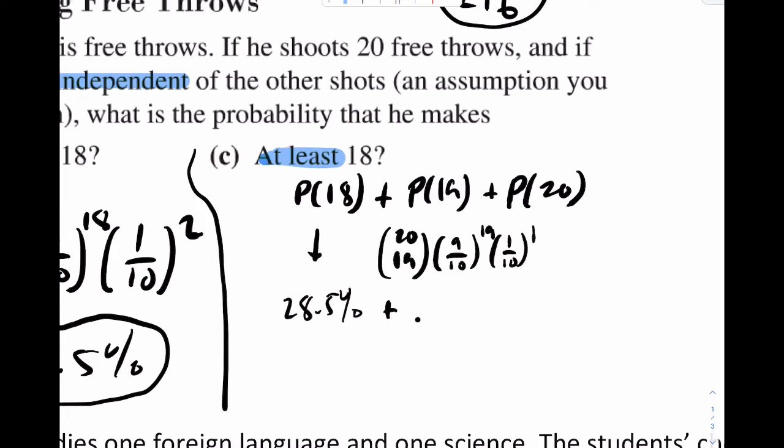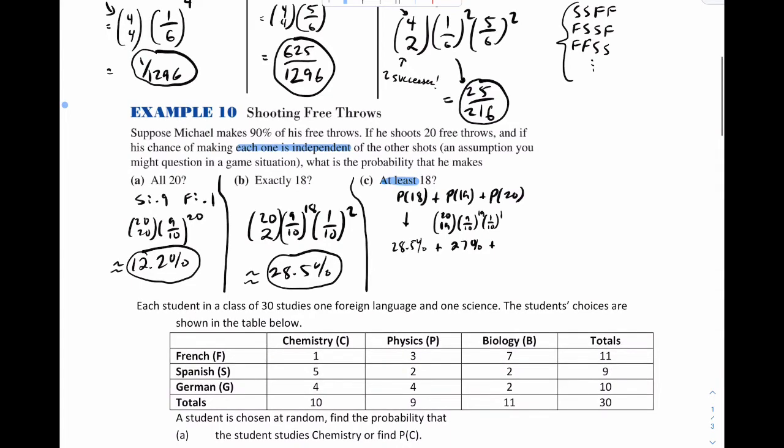Plug that in, you get about 27%. And the last one, we did that at the very beginning. That's just 12.2. So add those all together, and you get about 67.7%. So that'll be your chance of making at least 18, given these statistics.